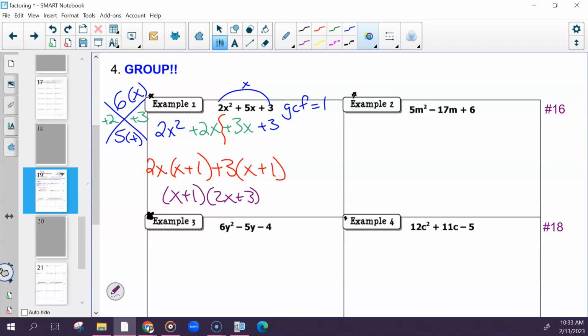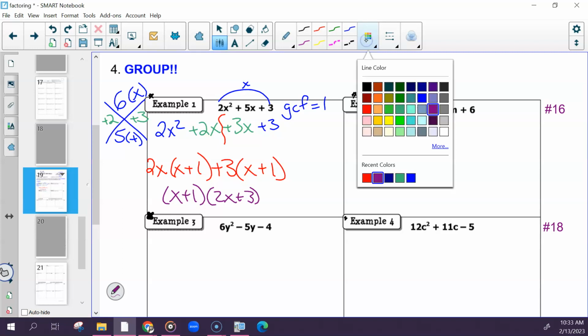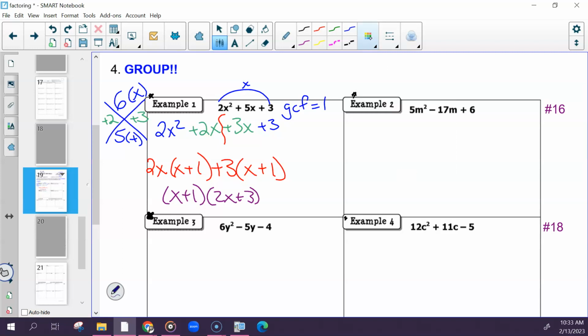I'm not going to do this for every single one, but if you wanted to double check to see, did you get this right? Are these the right factors? You can multiply it back out. So x times 2x would give us what? I just didn't hear it. Say it louder. Whoever said it. 2x.